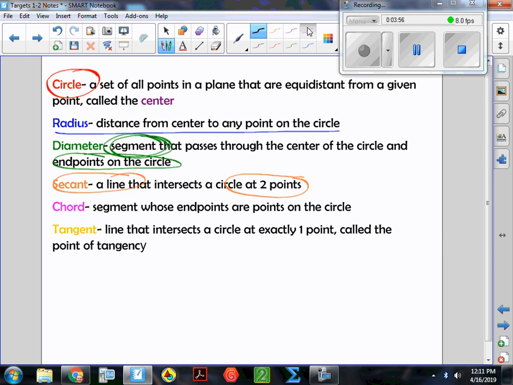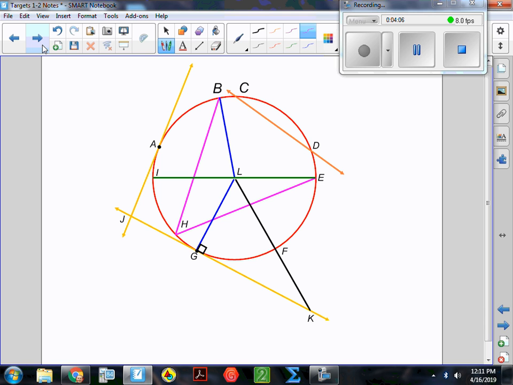A chord. A chord, again, back to a segment, so like the diameter. A chord is a segment with endpoints on the circle. So I gave you examples of BH. In pink is a chord, endpoints on the circle. HE as a segment is a chord on the circle, endpoints on the circle.